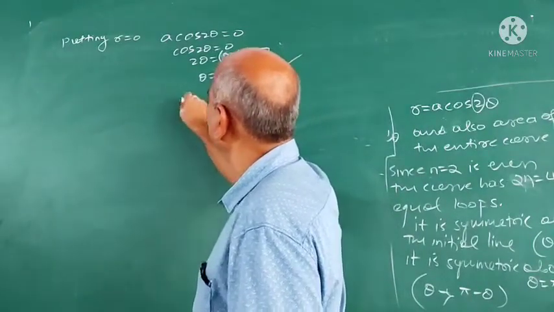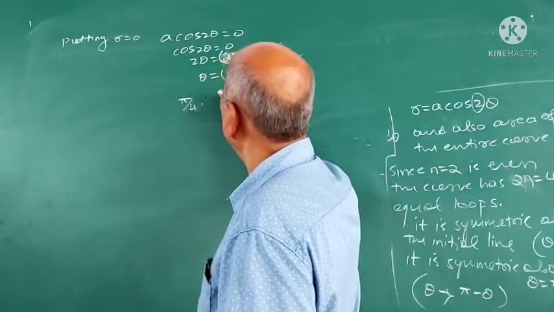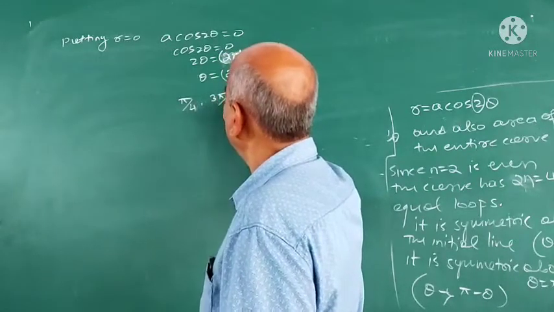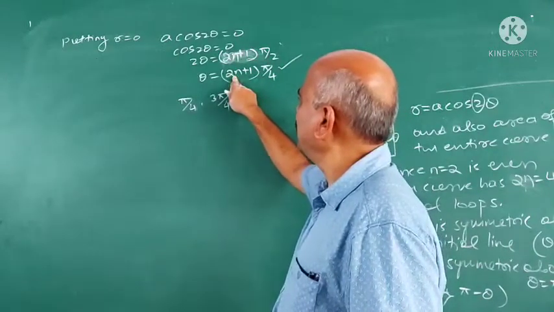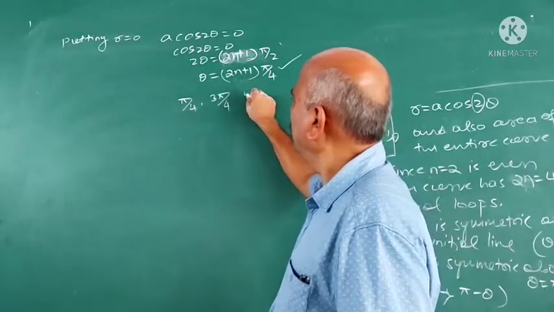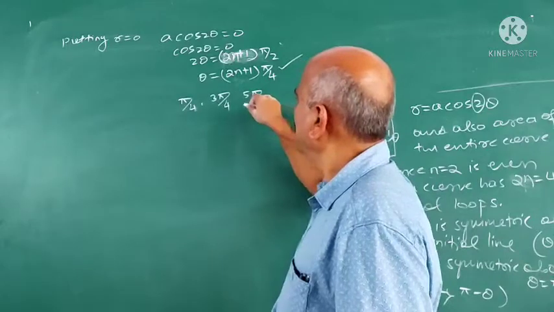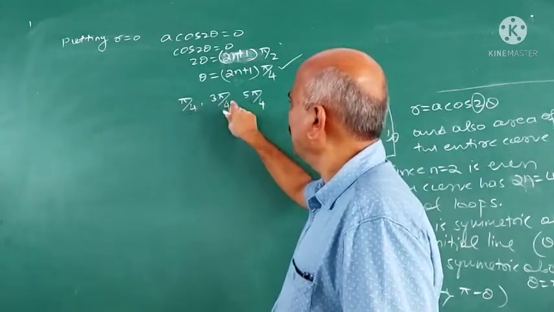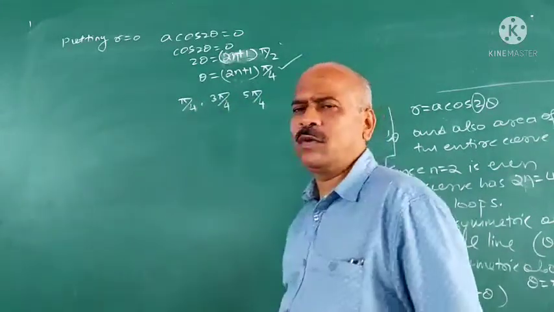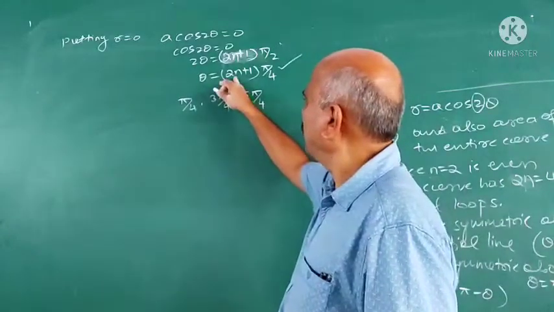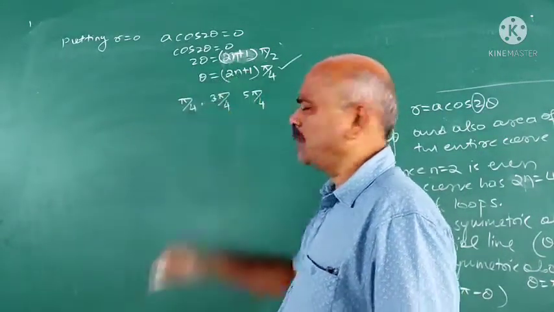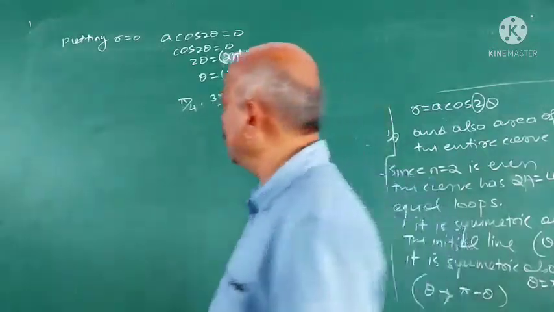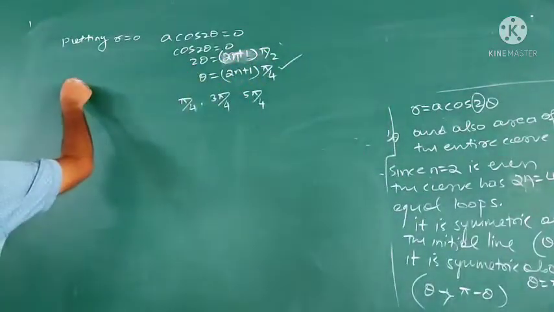Take n is 0, you get pi by 4. n is 1, what do you get? 3 pi by 4. n is 2, 5 pi by 4, because 2 into 2 is 4, plus 1, 5 pi by 4. Pi by 4, 3 pi by 4, 5 pi by 4. These are the tangents.